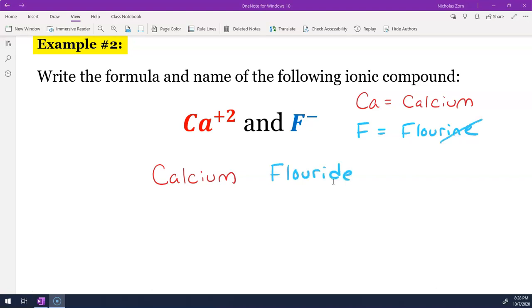So we're just changing that ending. Just like with the previous example, we have a charge of +2 and a charge of -1, so we're going to need two fluorines to cancel out the +2 charge. So it'll be CaF2.